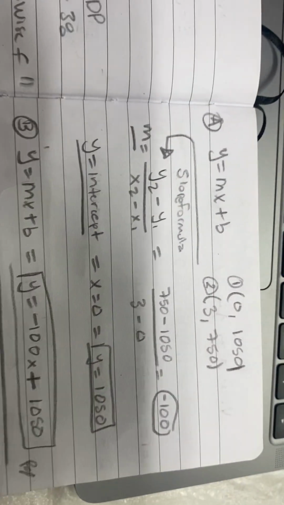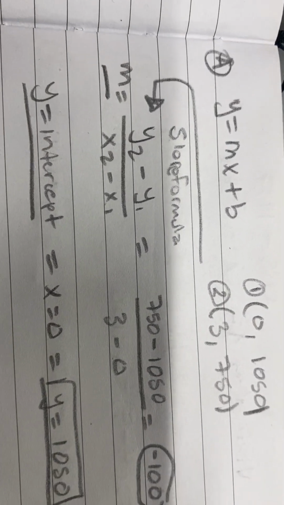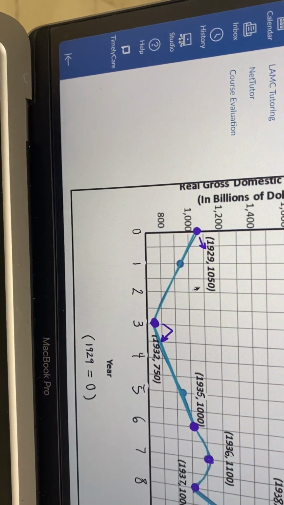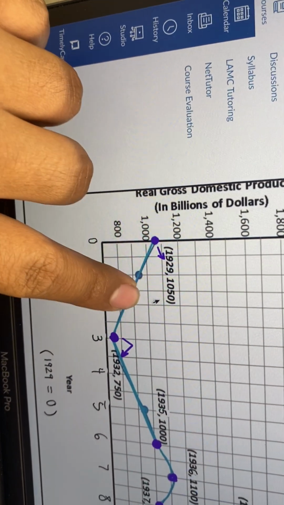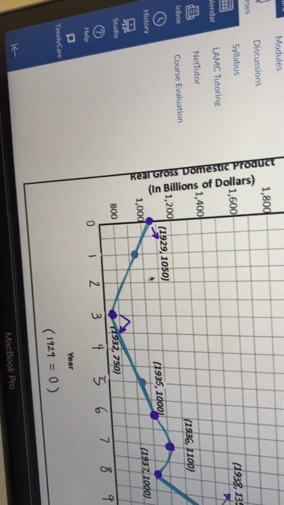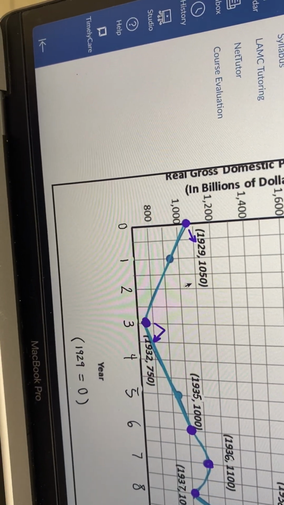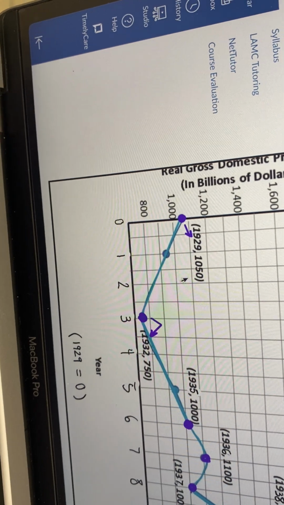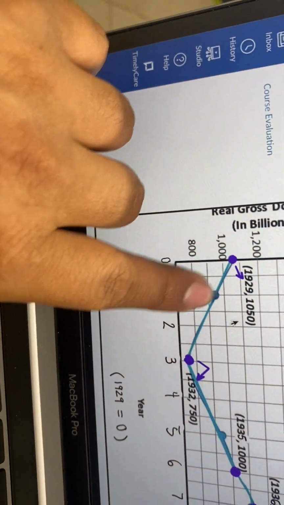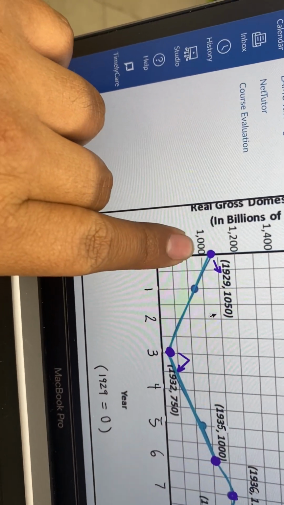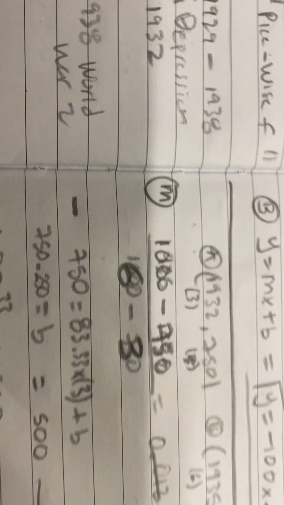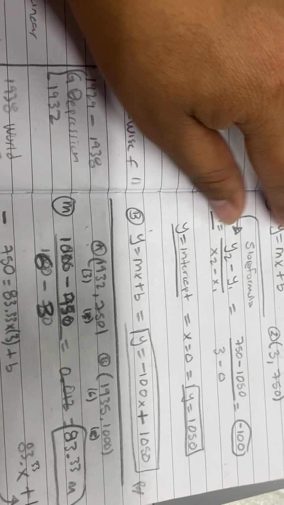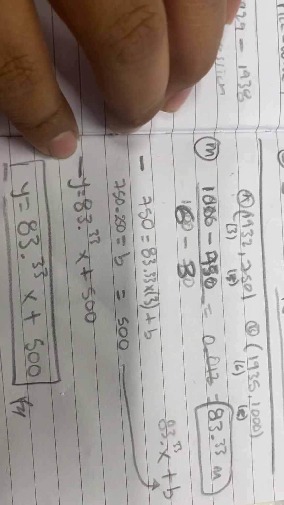So this is the case of a linear function, because we see a relatively sustainable decrease in GDP, and we see a line which helps us understand that this is a linear function. We do the same here. This is the same problem that I did here, and the same process.